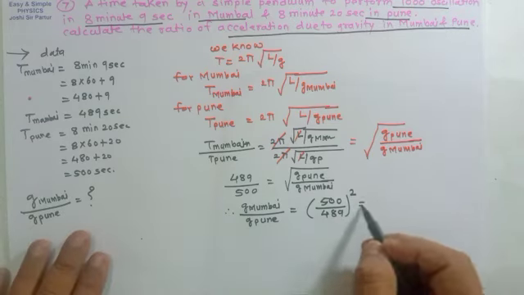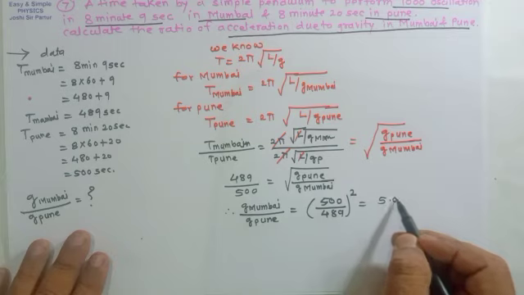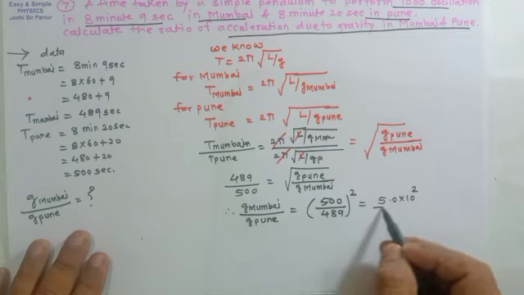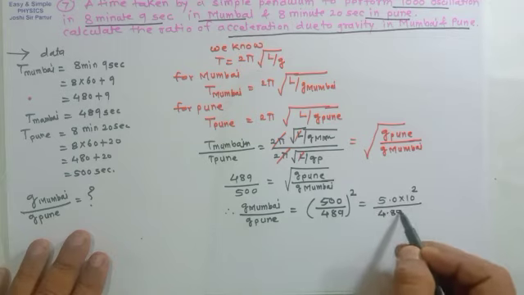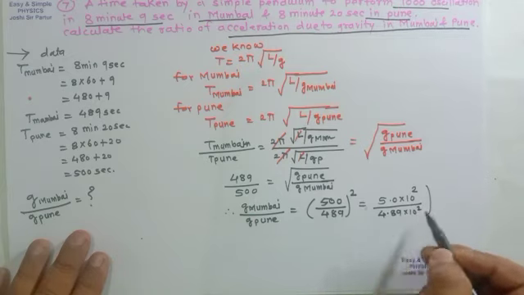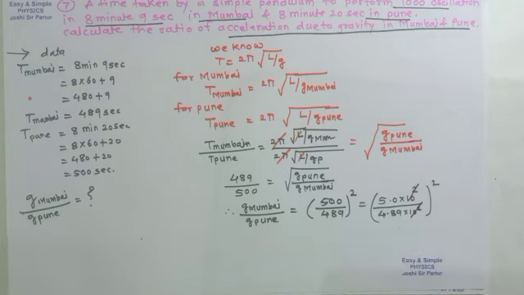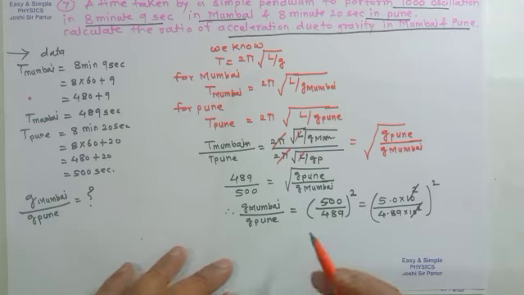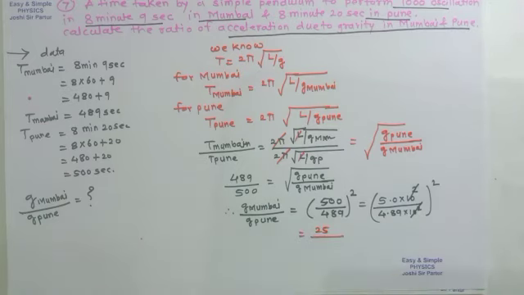It can be written as 5 into 10 raised to 2 divided by 4.89 into 10 raised to 2, bracket square. 10 raised to 2 gets cancelled. So 5 square will be 25 upon 4.89 square.